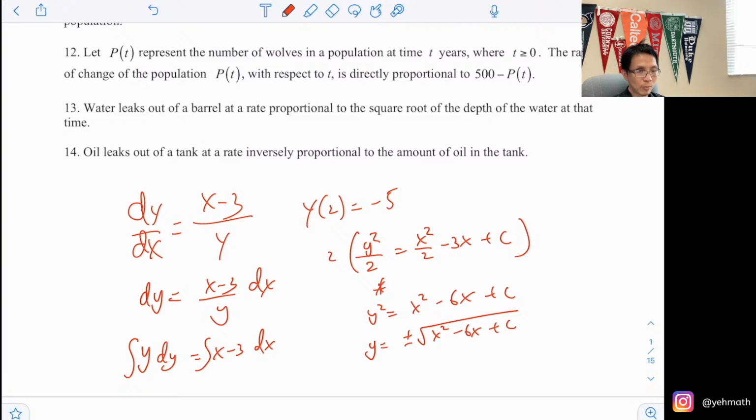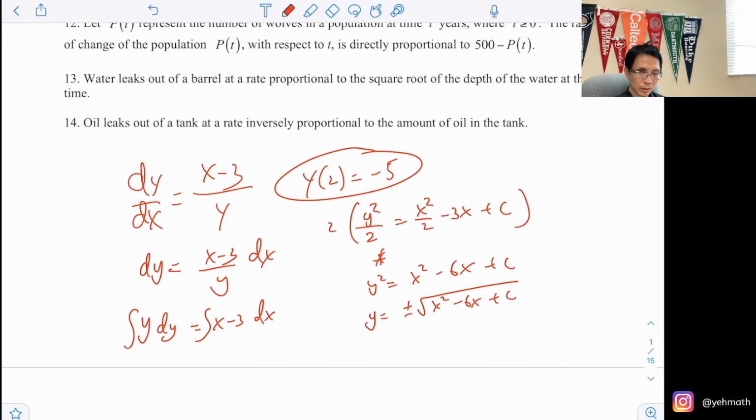And so why is that important? Look at your initial condition. -5 is equal to plus or minus the square root of 2 squared minus 6 times 2 plus c.